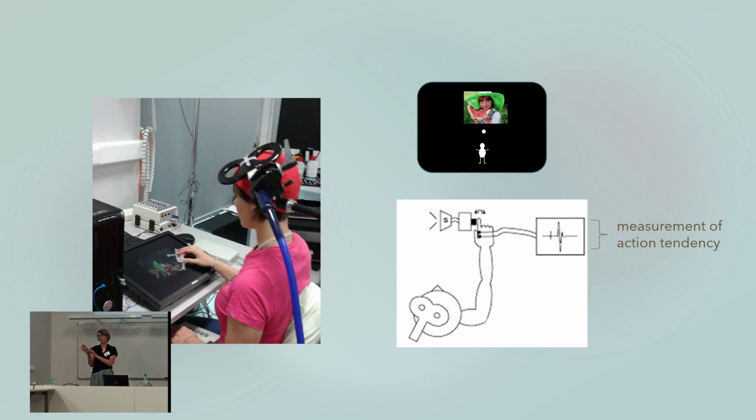So we could measure how much before they executed the behavior they activated the muscles in their finger. And we compared the index finger and the thumb, so we could see if one was activated more than the other. We could see the person wanted to move this finger, so this person wanted to execute an approach movement, or this person wanted to execute an avoidance movement. And the person actually did not have to do the behavior anymore. As long as we knew that this was trained well enough, this was enough.